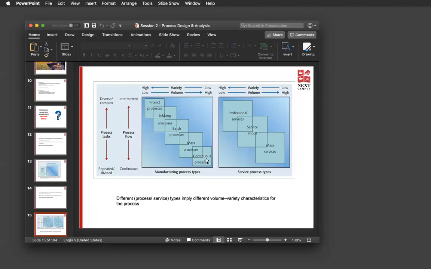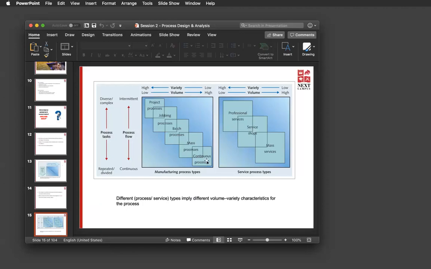Now in a continuous process, activities can be automated in a very, very high level way. So those are the two. That's the difference between a continuous process and a project process.